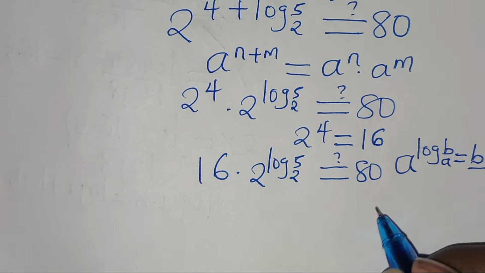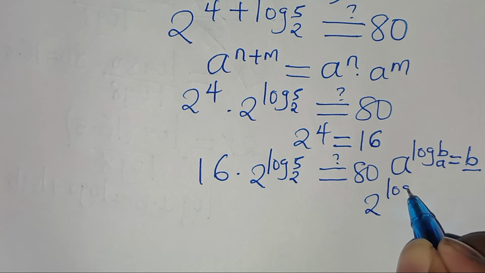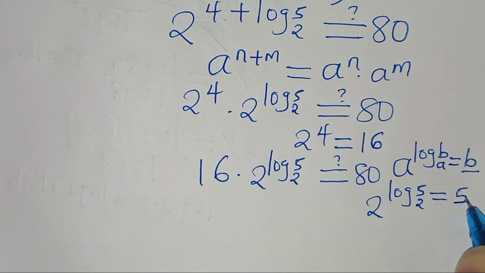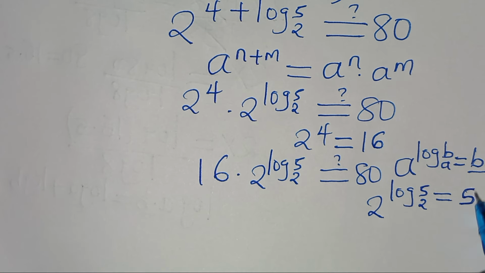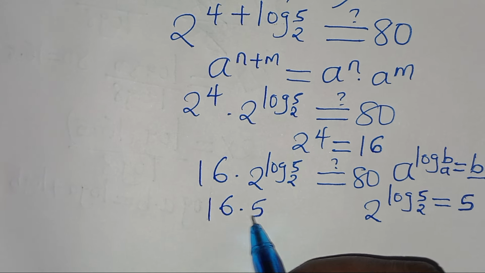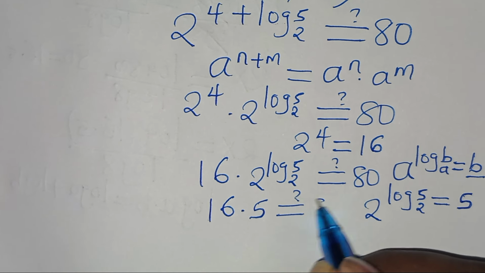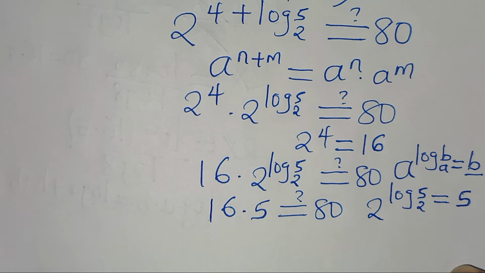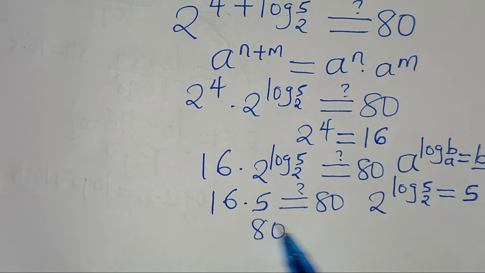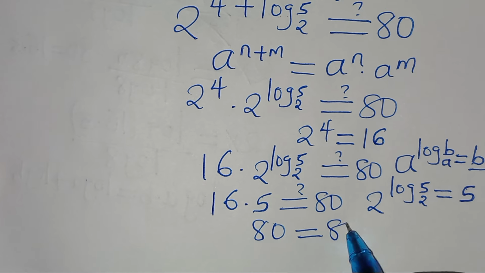So this means that 2 to the power of log 5 to base 2, this should give us a value of 5. So let's substitute 5 so that we have 16 multiplied by 5. This is supposed to give us a value of 80. And this implies that 16 times 5, this is 80, which is equal to 80.